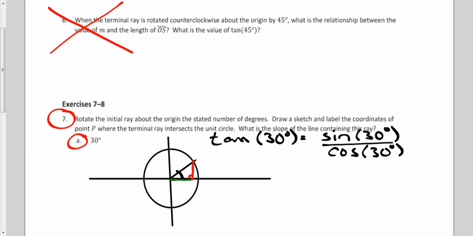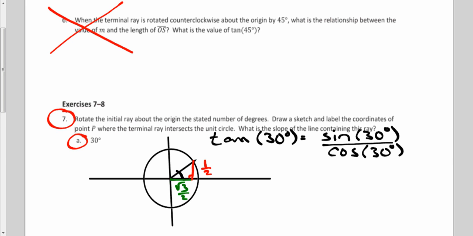So now, what is the length of this red side? I want somebody other than Caden. Caden's doing yeoman's work here. Brett, 1/2. And what's the length of the green side? Somebody other than Brett or Caden. Bailey. Square root of 3 over 2.